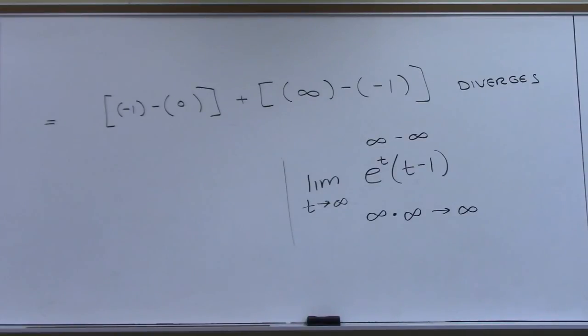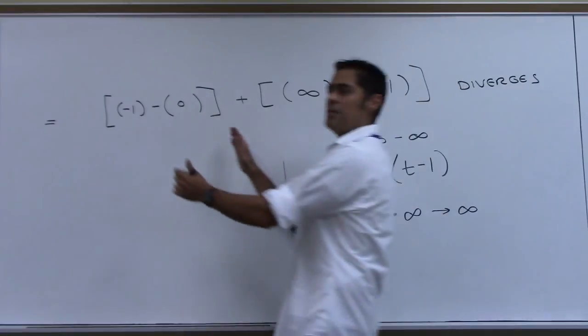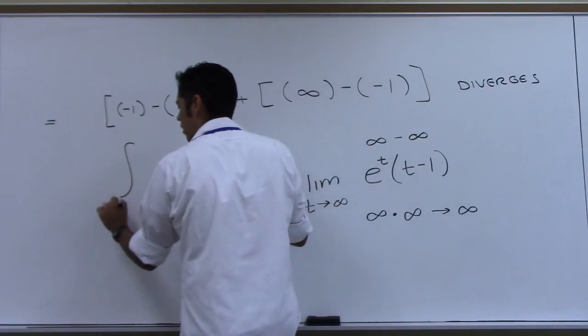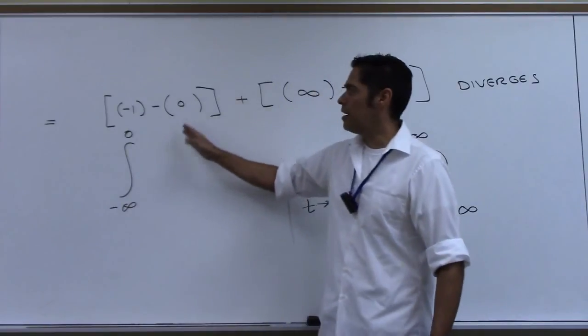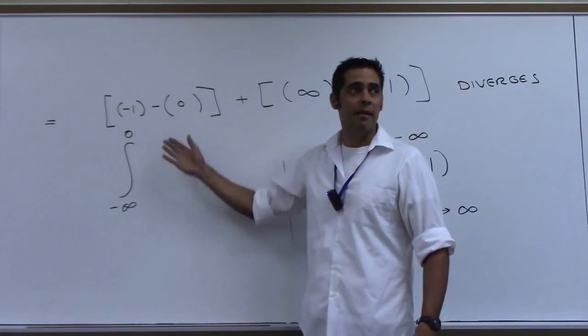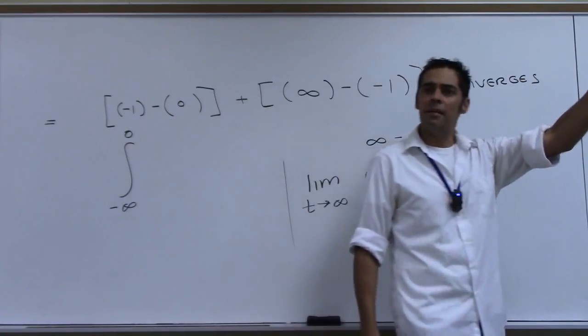This is the graph of x e to the x. And I want you to see something. This first set of brackets here was actually the area from -infinity to 0, wasn't it? What would that area have been? -1. Do you see that left side of the graph?